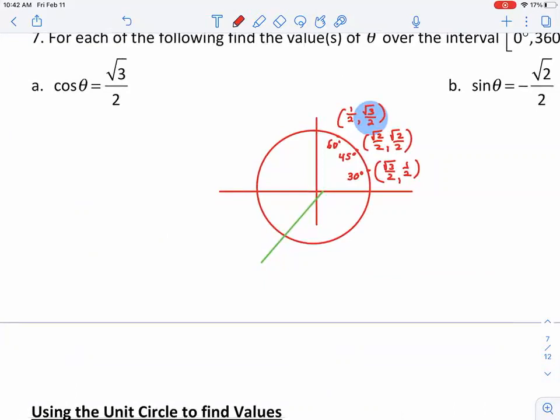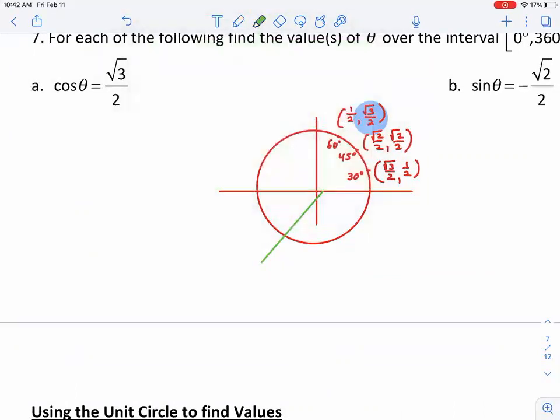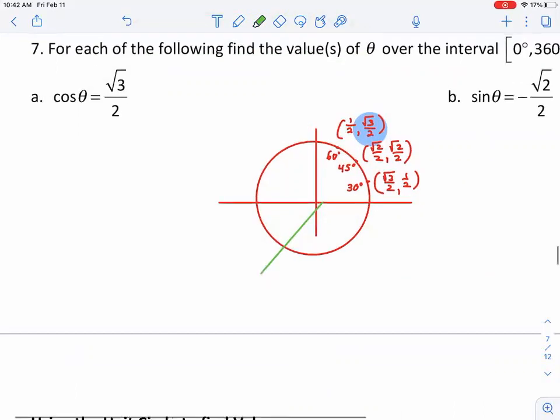Well, the cosine, remember, is the x value. So I'm looking for when is the x value √3 over 2? Well, right here at 30 degrees, that's one of my answers, but just one of my answers though.